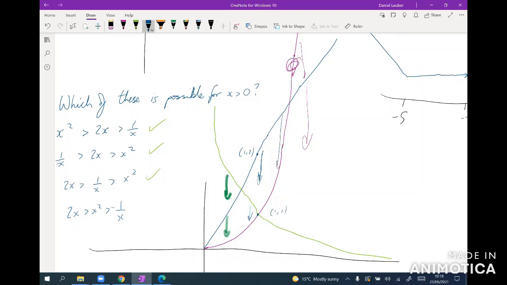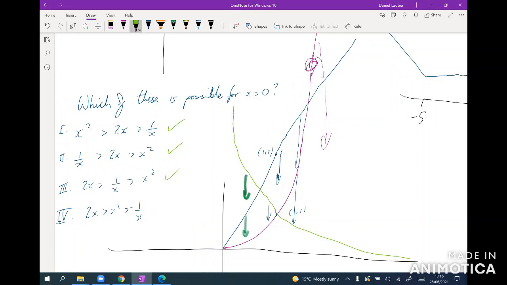That's greater than x squared, which is greater than 1 over x. So okay, I think there is an ordering which doesn't work, but the point being that you can just look at the graph once you sketch it out and solve.